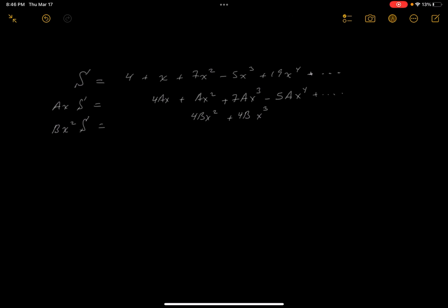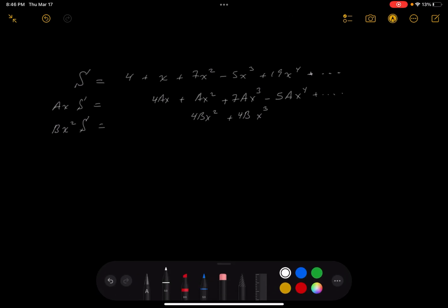I'm sorry, I made a mistake and I've got to correct it. I made a mistake in the second term. Sorry about that. This is 4B, X squared. Next one's going to be BX cubed. Then what are you going to get? Plus 7BX to the fourth, and then yada, yada, yada.